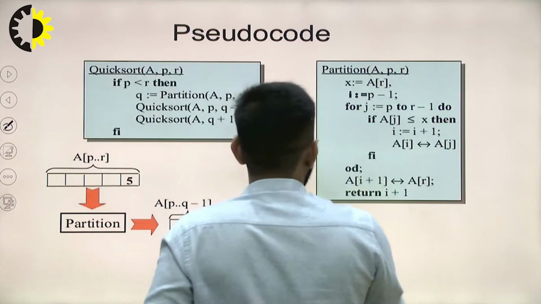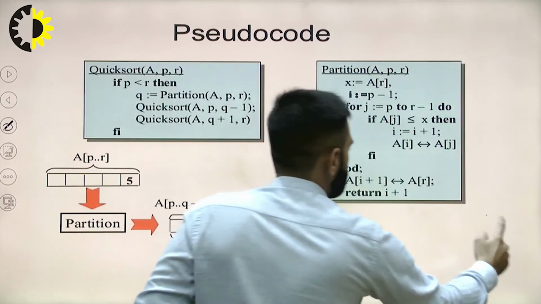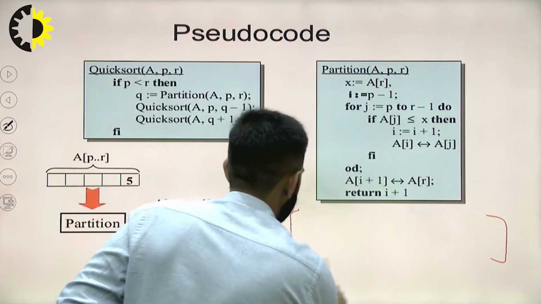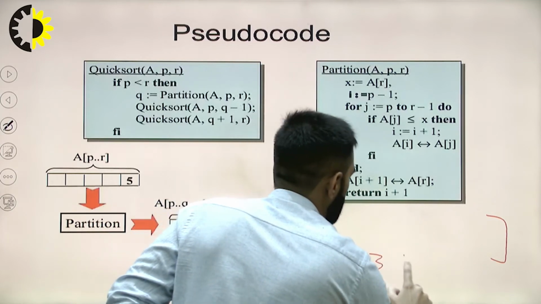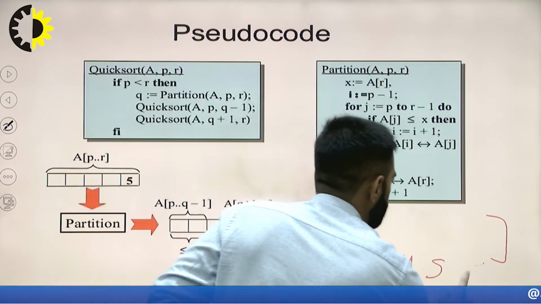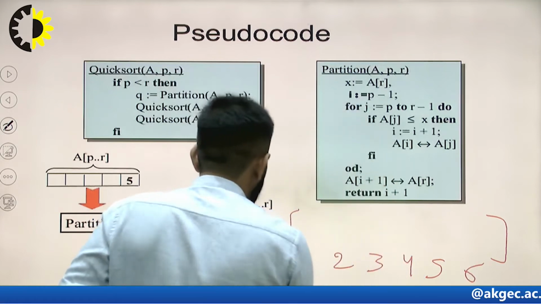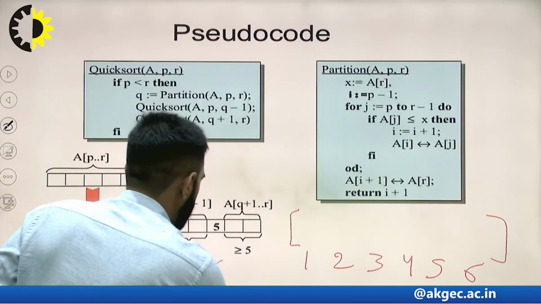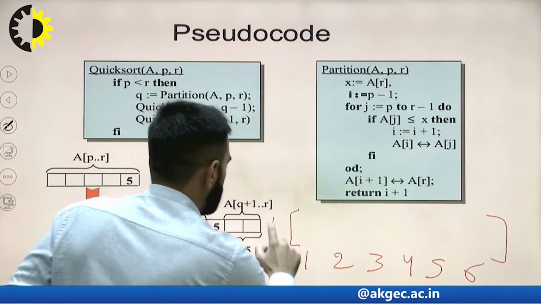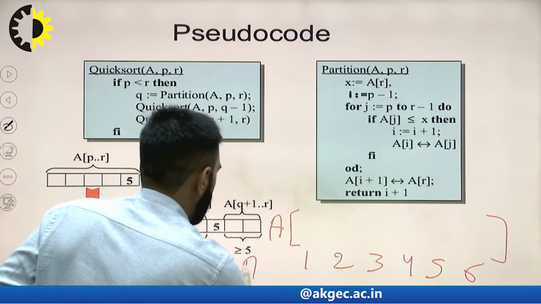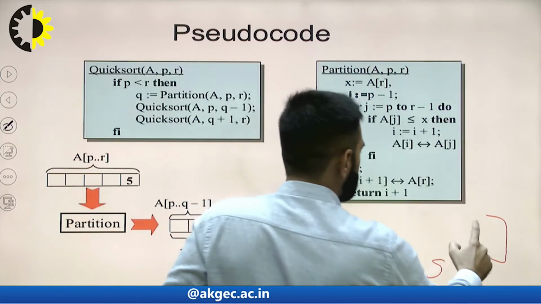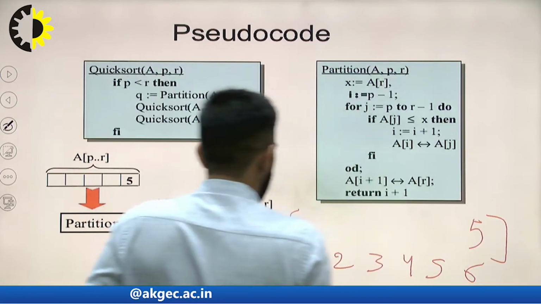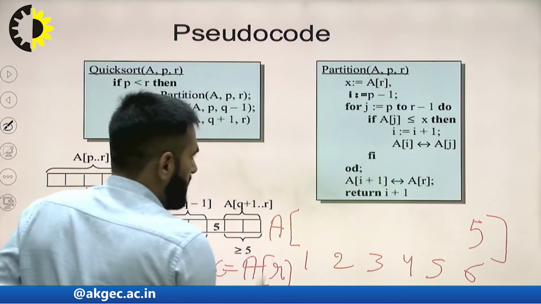What it is saying, if I have taken this array, these are positions 1, 2, 3, 4, 5, 6. So here, x equals the value of the last element of this array. Suppose this is array A, A[r], the last value. Here, suppose it is a 5. Now we have two pointers.